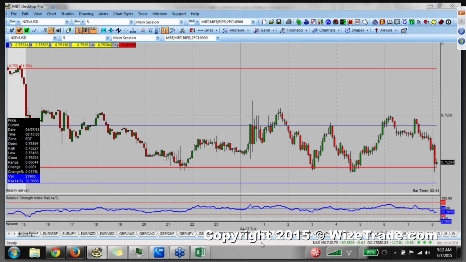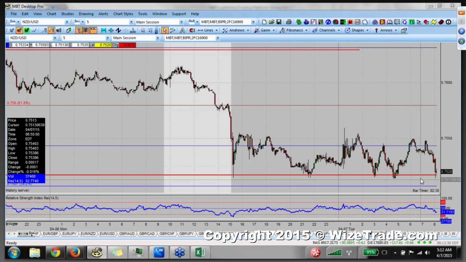Not too sure what is happening here or why it's all happening. Let's go over the Kiwi. What's the Kiwi doing? Oh wow. Kiwi is basically sitting on support here. Pretty wild, guys.